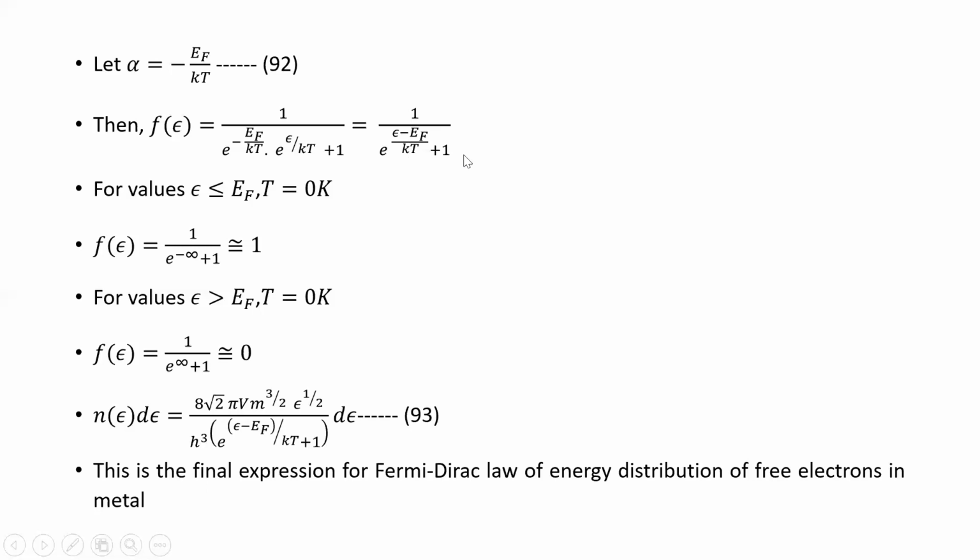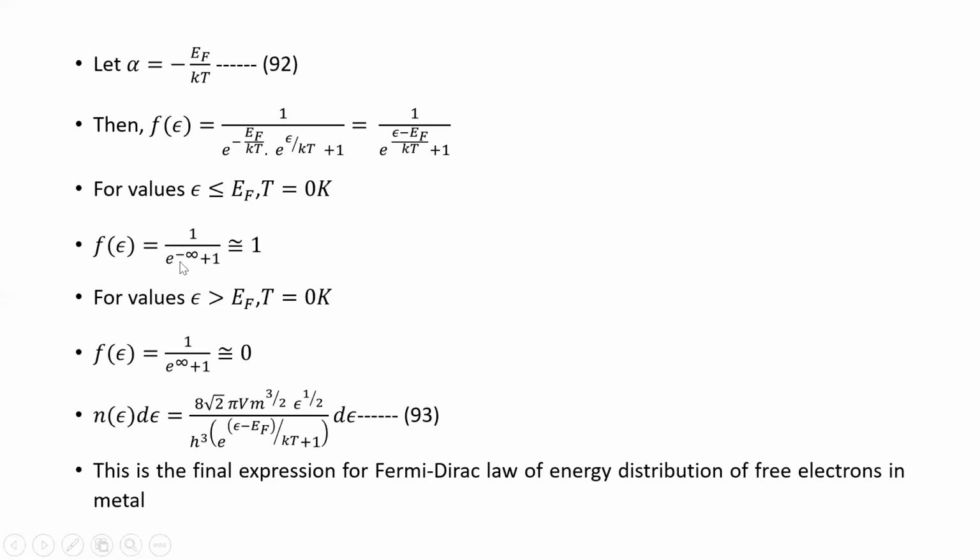And I will explain why we substituted alpha is equal to minus EF by KT. In this expression, consider E less than EF and T equal to 0 Kelvin. Since E is less than EF, E minus EF is a negative quantity and T is equal to 0, so this whole thing together becomes minus infinity.